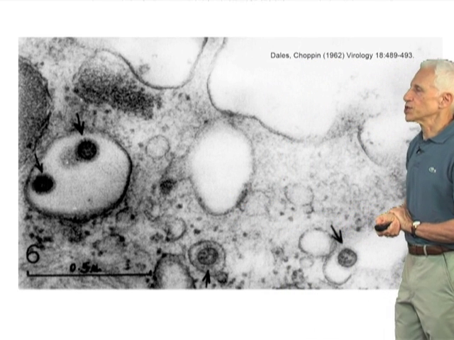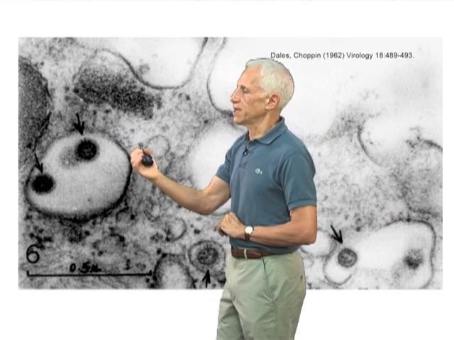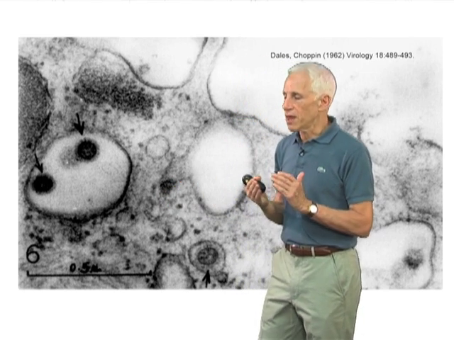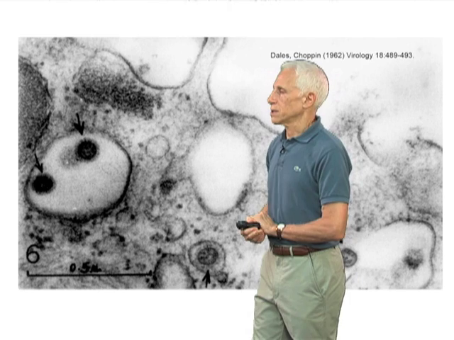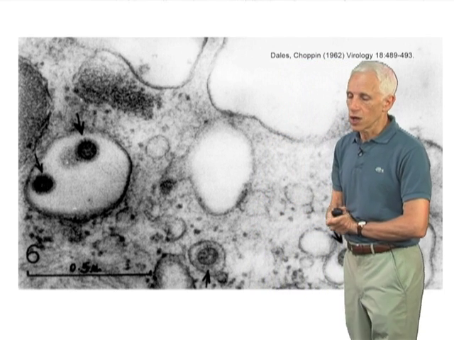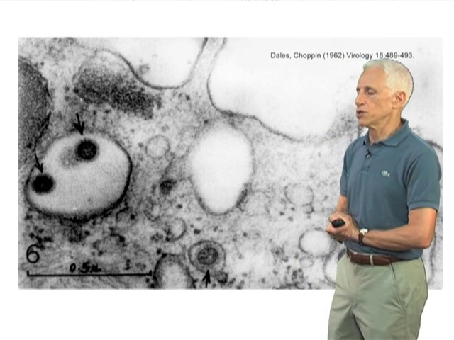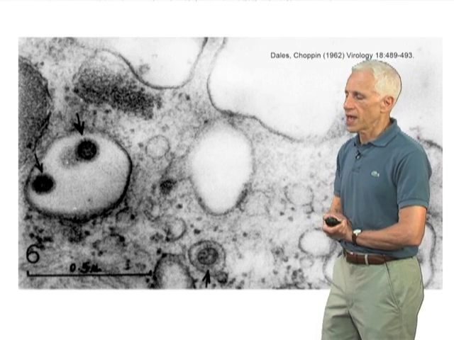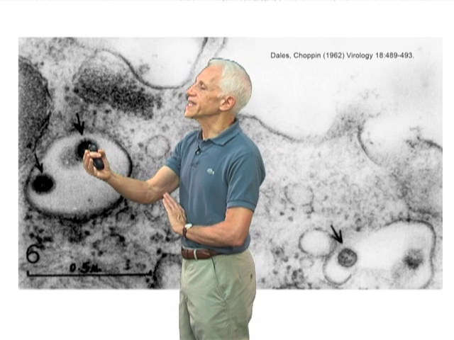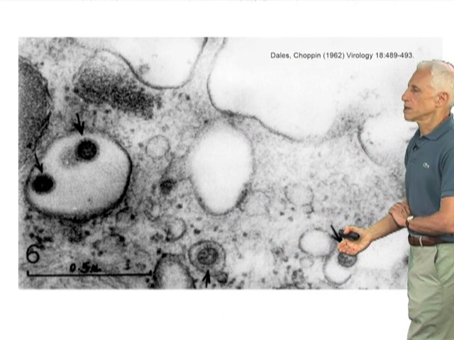But here, from just about 50 years ago, is an electron micrograph of influenza virus in what would now be called an endosome, to give you a bit of perspective and to suggest that from this sort of information, at a stage when one didn't even know what the molecules on the surface of the virus might be, we're now at a stage where, at the level of dissecting the kinetics of the event and hence trying to understand sensitive points for neutralization by antibodies, for example, we can actually get at the molecular details of the process that would lead to the release of the nucleoproteins from inside the particle.